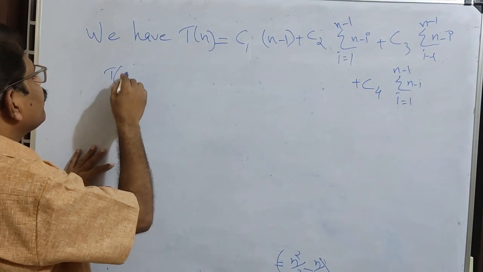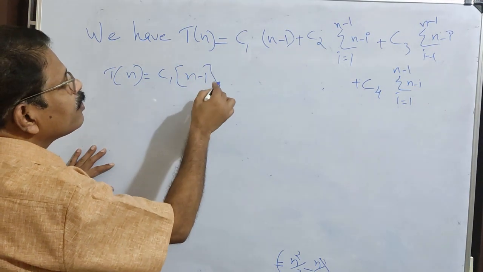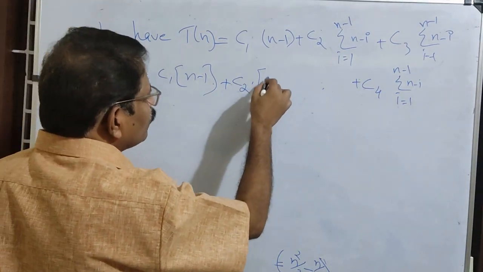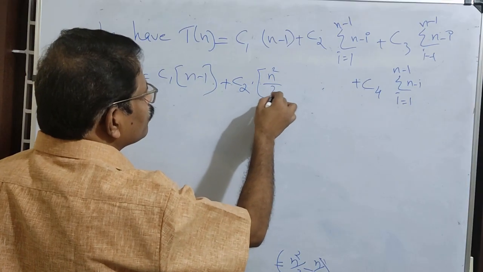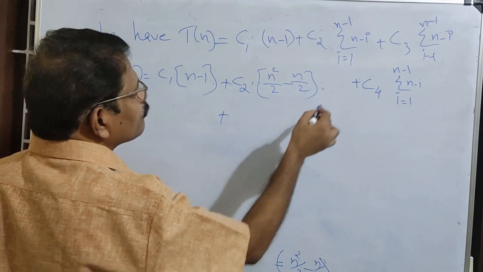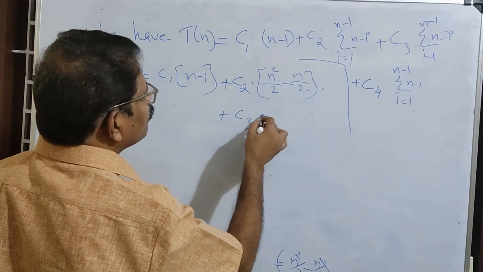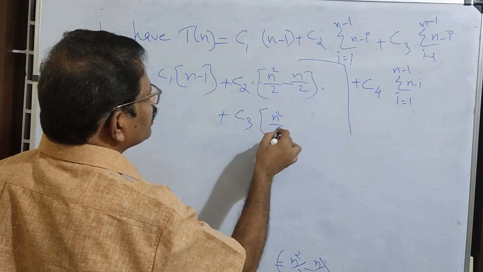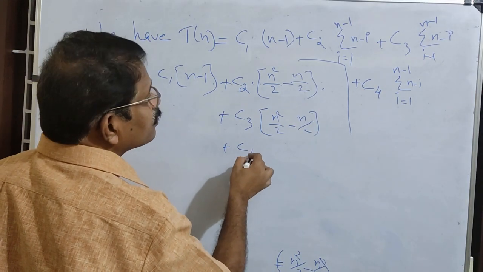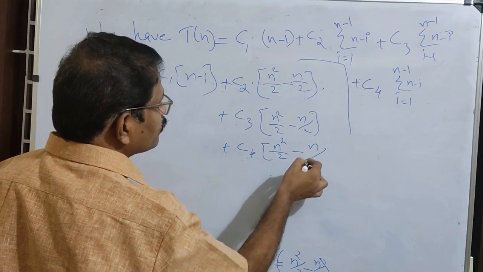So our T(n) will be C1 into n minus 1 plus C2 into n square by 2 minus n by 2, plus C3 into n square by 2 minus n by 2, plus C4 into n square by 2 minus n by 2.